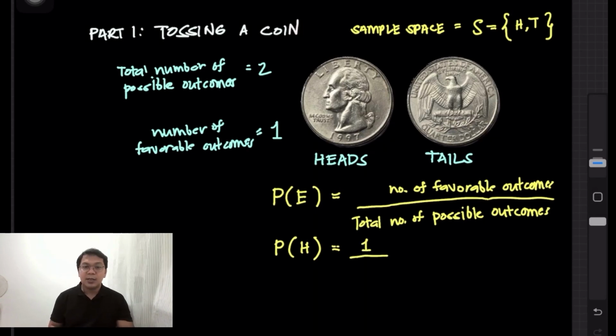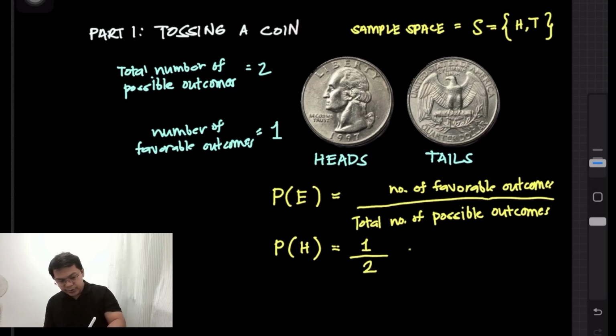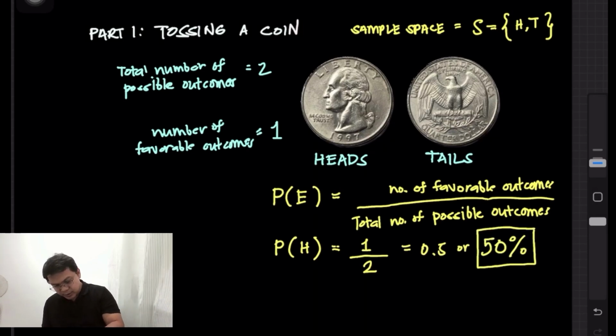And how many possible outcomes do we have in total? We have two. So we end up with 0.5 chances, or if we turn it into a percentage, that's 50%. That means you get a 50% chance of getting a heads when you toss a coin.